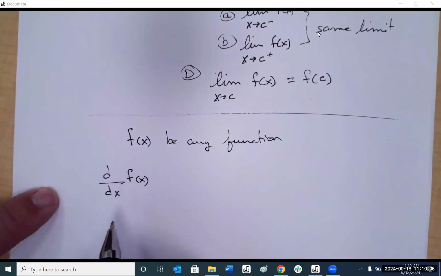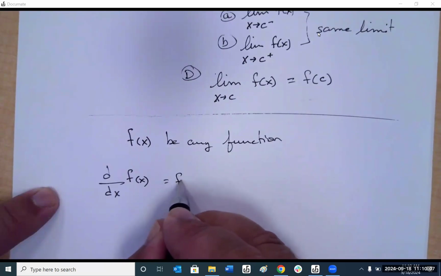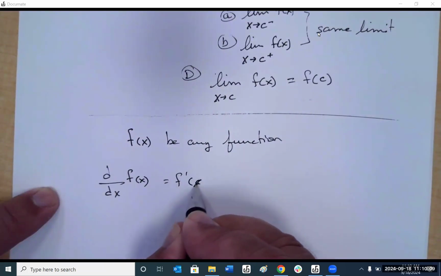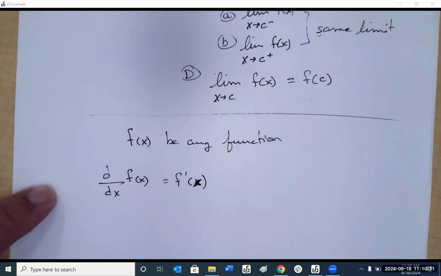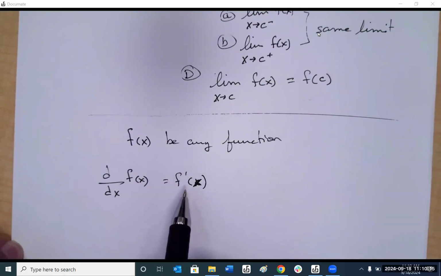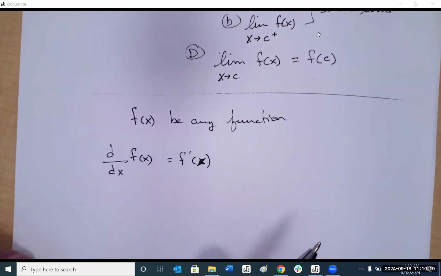This represents the derivative of it, or I may write just f prime of x. I'll probably write f prime of x as my symbol notation.